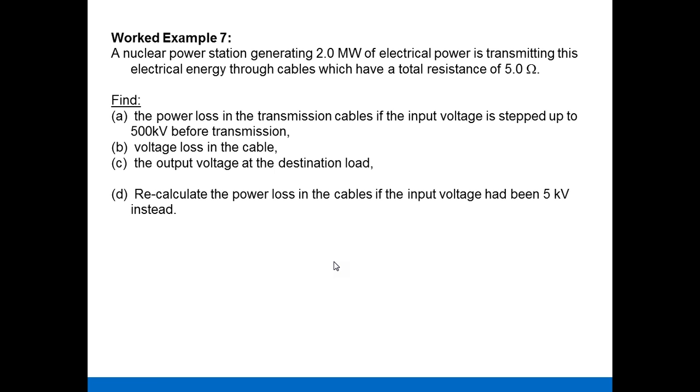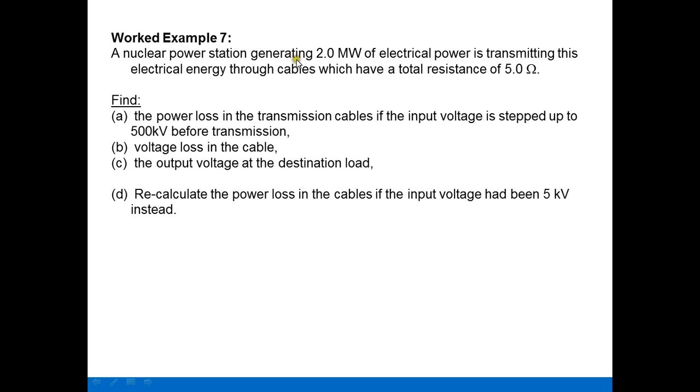So I've told you why we need to learn about transformers, simply because we need to save energy. We need to step up the voltage to save energy by limiting power loss. So let me prove it to you with numbers.